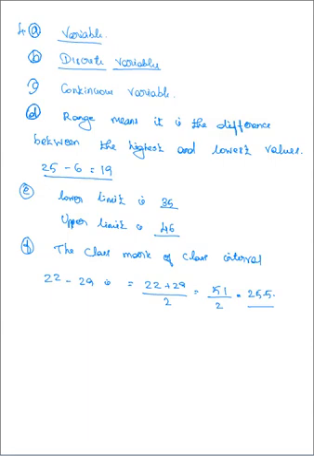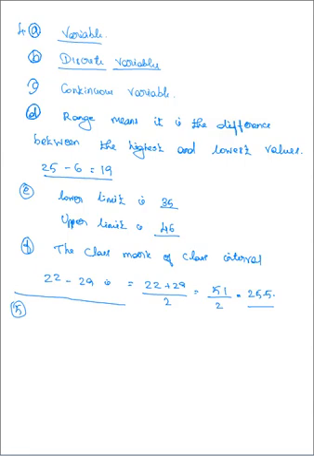Question number 5. Find the actual lower class limit, upper class limit and the mean values of the classes 10 to 19, 20 to 29, 30 to 39, 40 to 49.